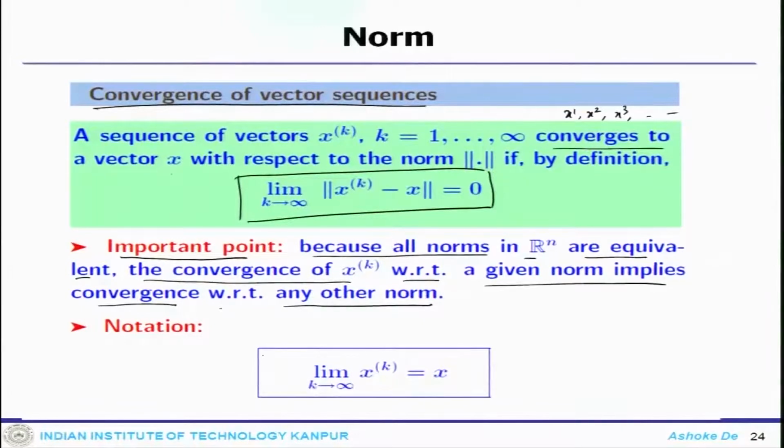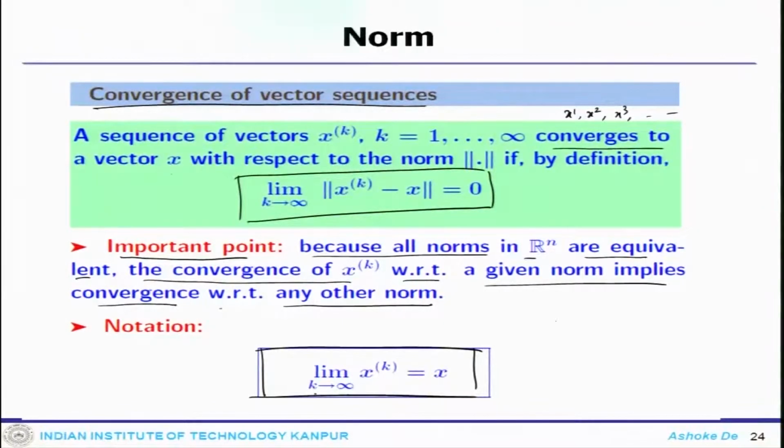So, this will be written in terms of the limit k tends to infinity, x to the power k equals x. So, as we go along with these properties and the norm calculation, one after another, the properties use the previous information.